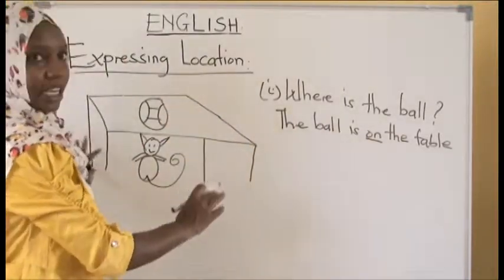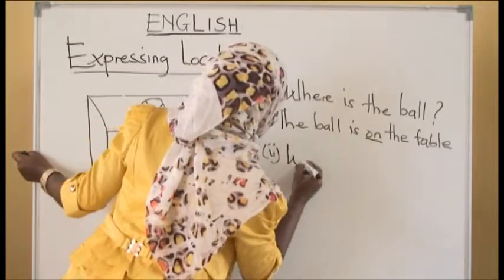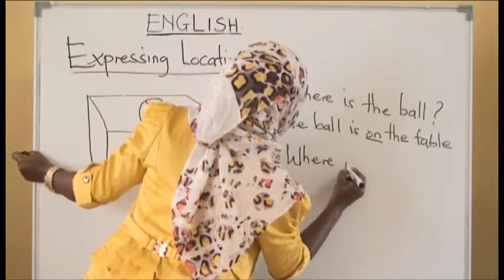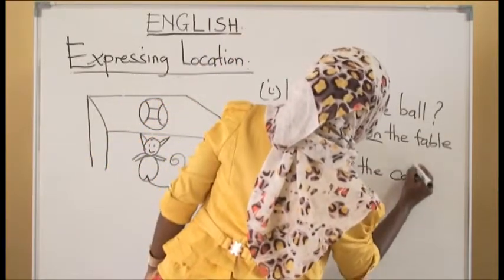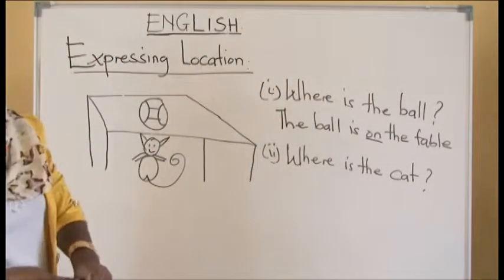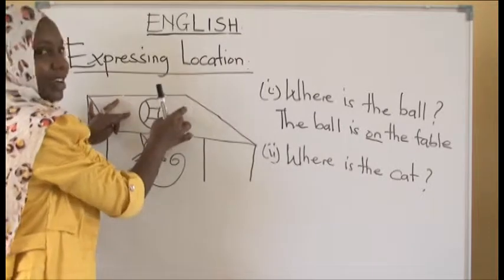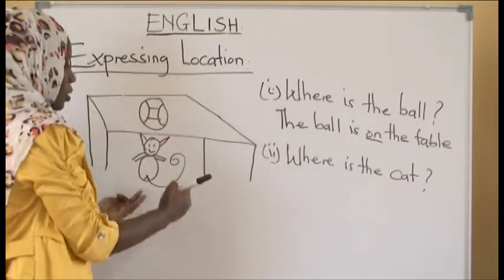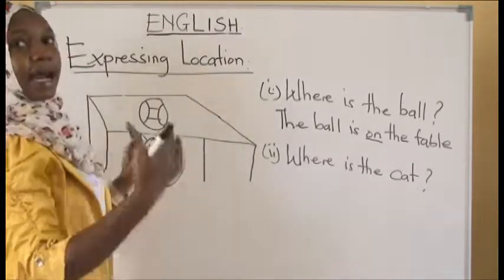But in the second question, in this picture here, you can be asked, where is the cat? And as you can see in our picture, the cat is below the table, and it is not up, but it is below. So anything below something, we say it is under.